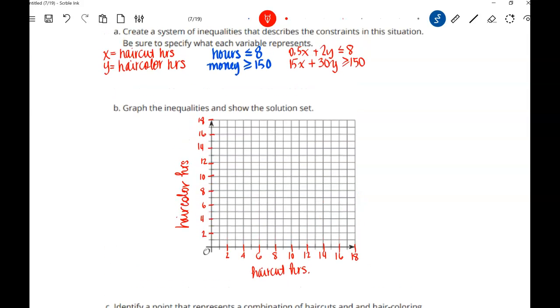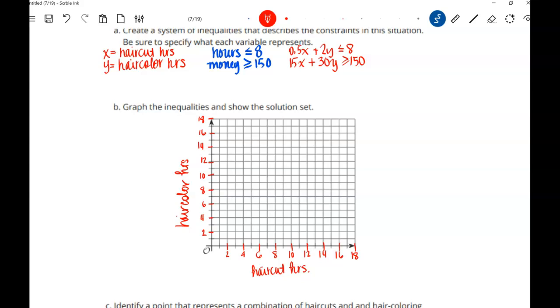Okay, and I'm going to plot the lines the same way for this system of inequalities as I did for the previous one. I'm going to use the x and y intercepts. So I'm going to do 0.5x plus 2y equals 8.